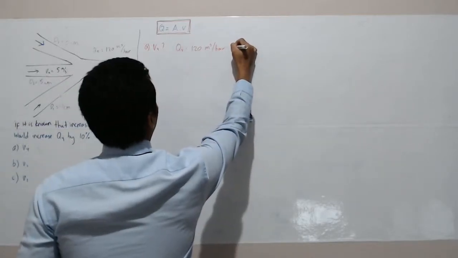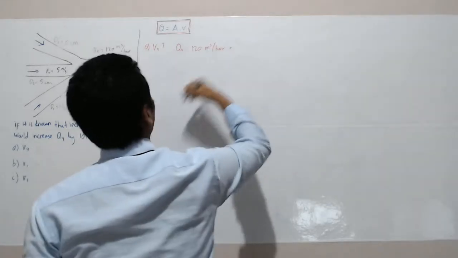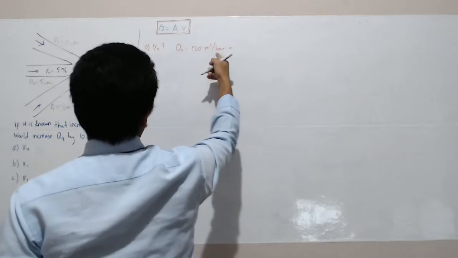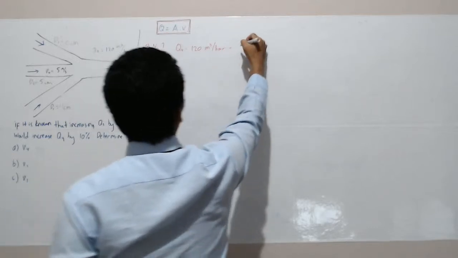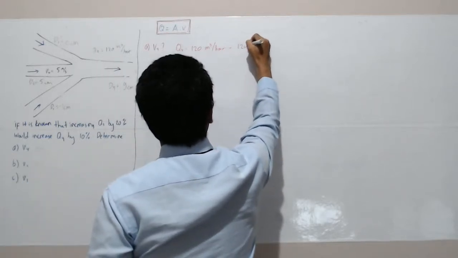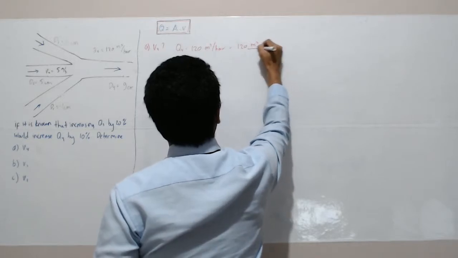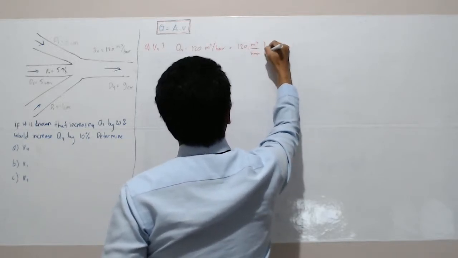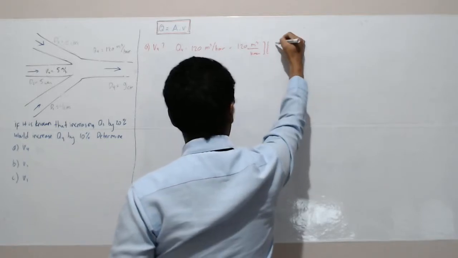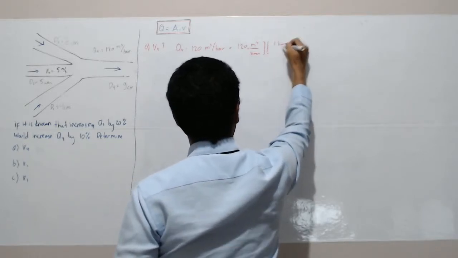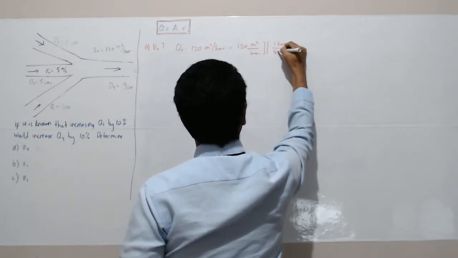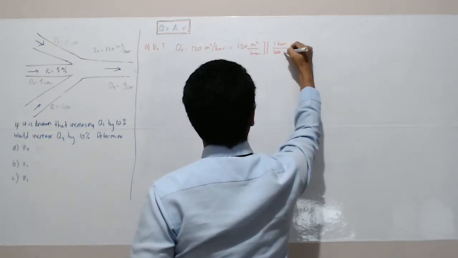So we would like to change the hour into seconds. So 120 cubic meters per hour times 1 hour is equal to 3,600 seconds.